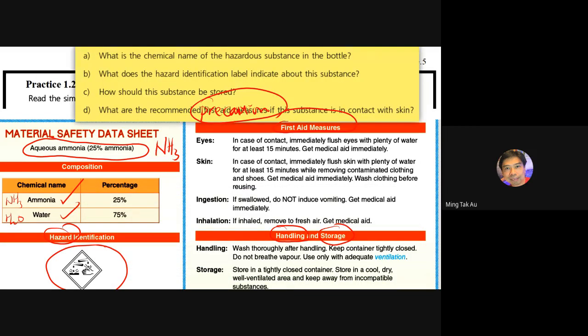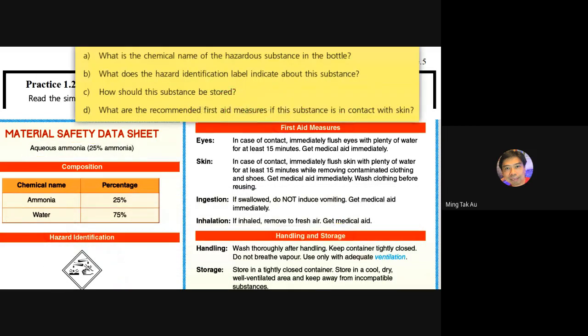Now the question. What is the chemical name of the labelled chemical? For the water, ammonia, which one should be hazardous? It should be aqueous ammonia. And what does the hazard identification label indicate about this substance? It should be corrosive.